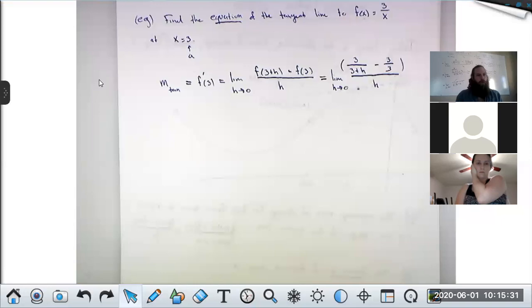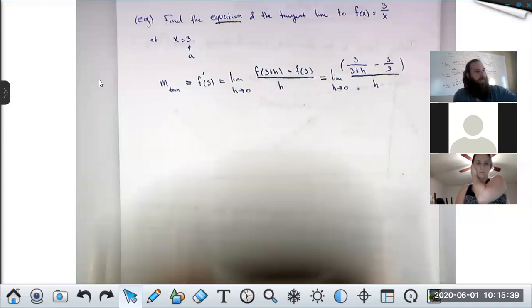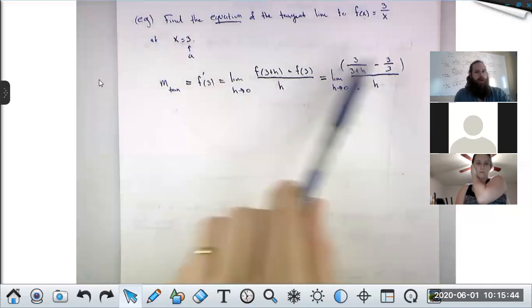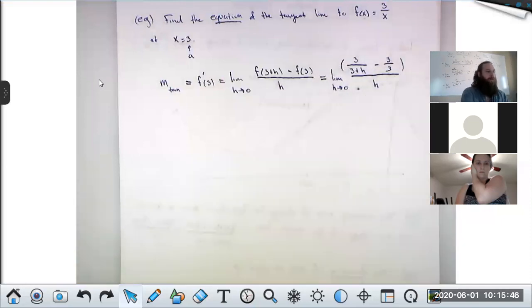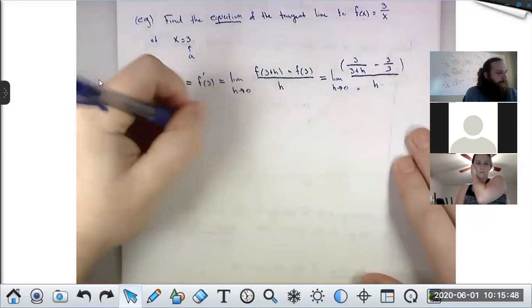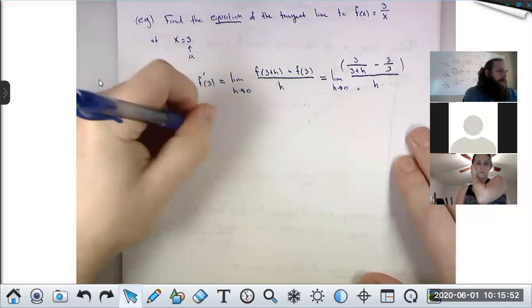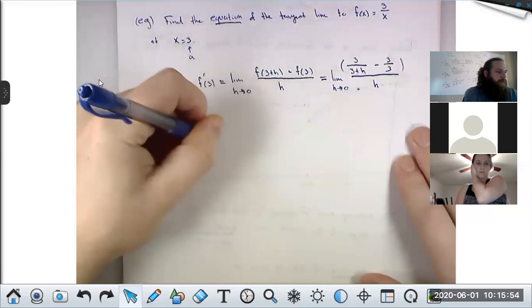Remember, fractions are grouping symbols. Now, to clean this up, I need to have a common denominator up there in my numerator.